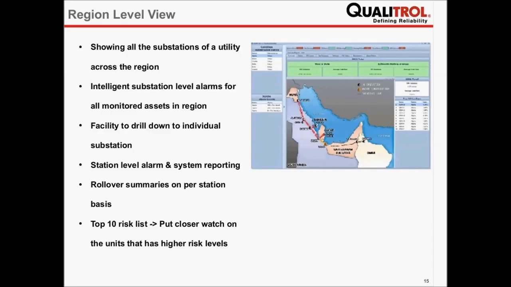Apart from this region level view, you should have your top 10 critical transformers. If I'm sitting at the corporate headquarters, I should have access to my top 10 critical transformers, and I should see their health every minute, 24 hours.